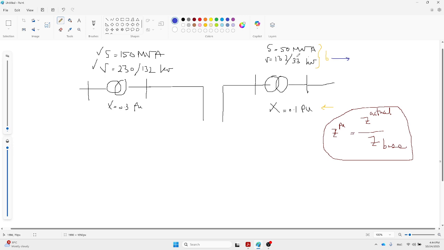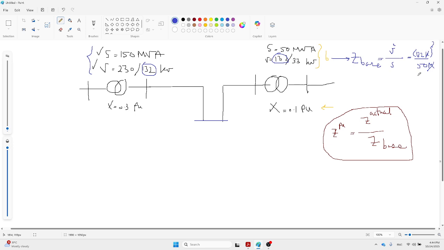Let me calculate the Z base. Based on the given values, the Z base can be calculated with the formula V squared over S. Both are considered for the side of 132, so I choose the same 132. So V is 132 kV squared over S, which is 50 MVA. The mega cancels with the k squared.